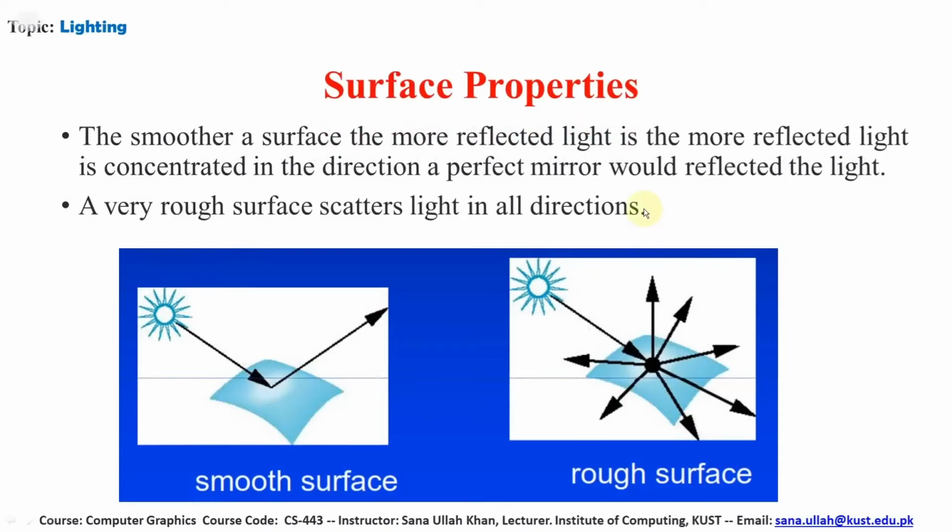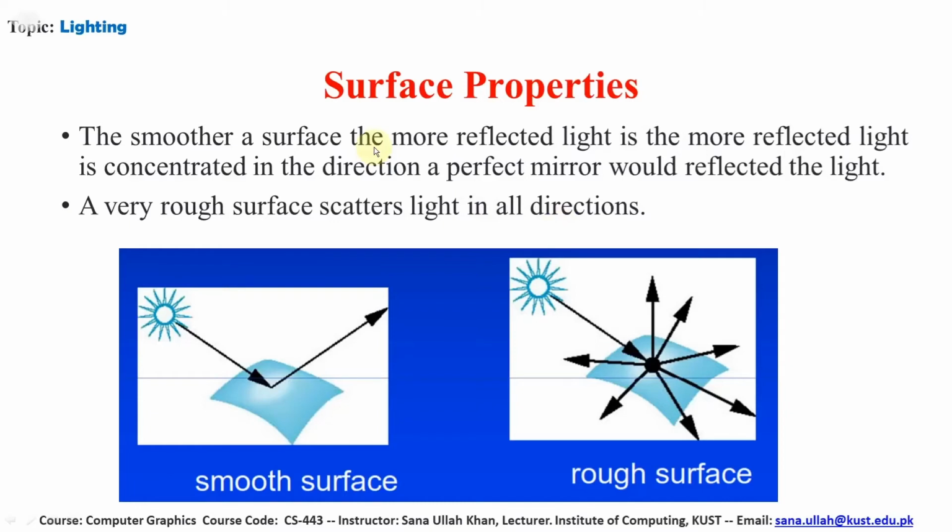Surface properties are another important property. The smoother a surface, the more the reflected light is concentrated in one direction. A perfect mirror would reflect the light in a single direction. A very rough surface scatters light in all directions.